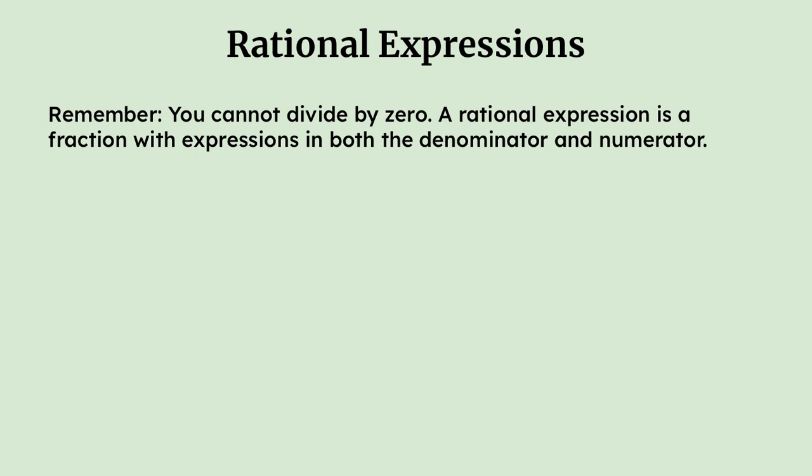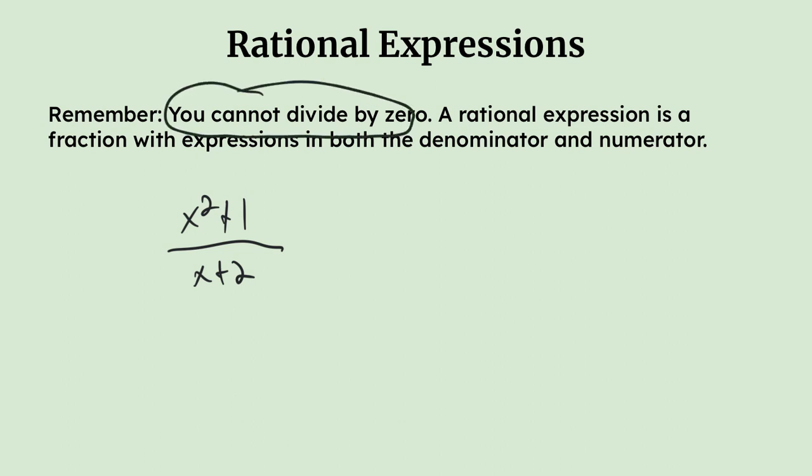So we talked a little bit about rational expressions already. It's just when you've got a fraction such as x squared plus 1 over x plus 2, something like that. One thing to remember here that we're going to have to keep track of is that we cannot divide by 0. So for this rational expression, our domain, we haven't talked about domain in a while, but domain is all the possible x values. For a graph, our domain would be everything except x could not be negative 2.